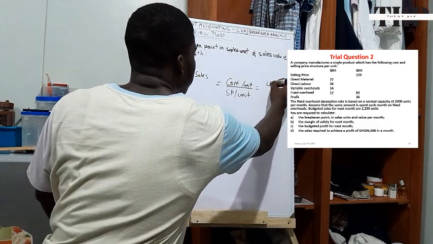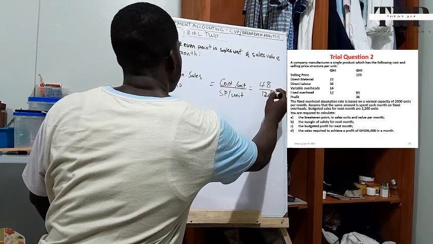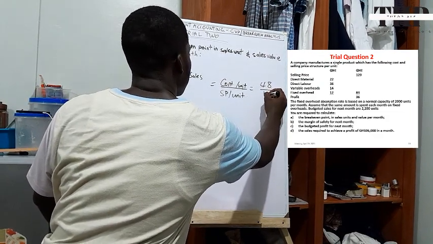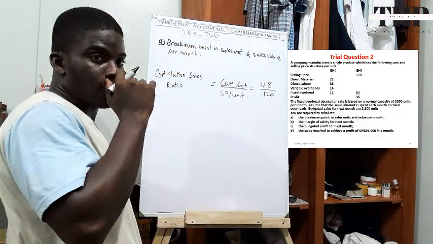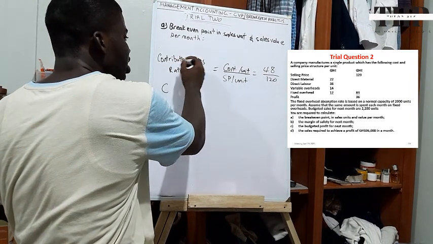This becomes 48 over 120. So this is also known as the CS ratio.